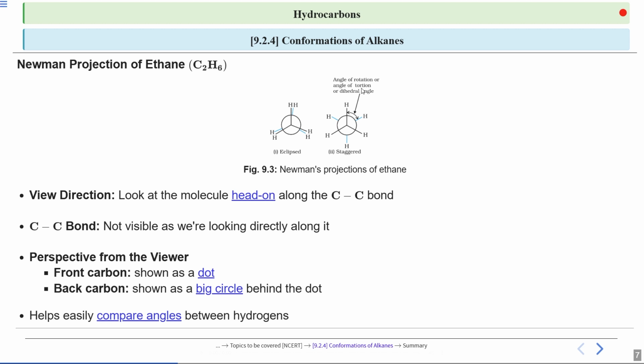Here it is shown by this double-headed arrow. This is the angle by which the back carbon has been rotated so that the hydrogen is moved from being upside to slanted right side. This is, I would say, the most good outcome of this Newman projection.